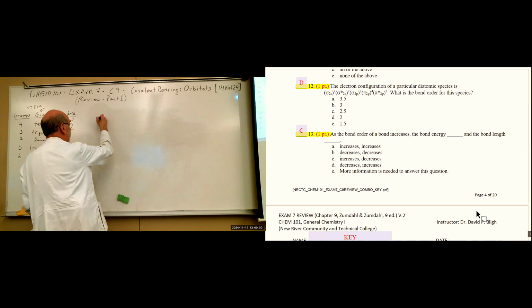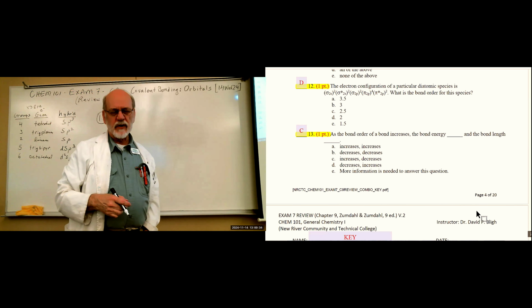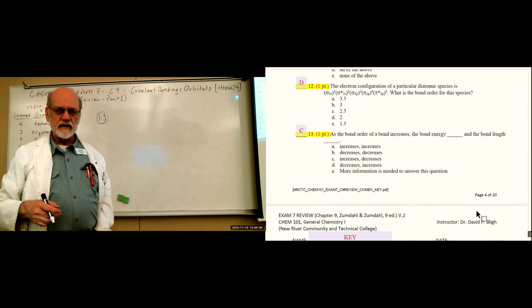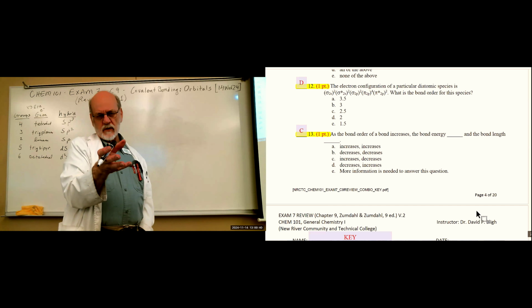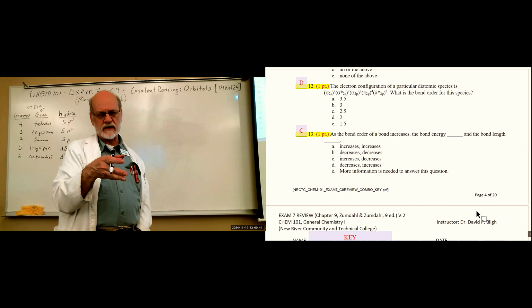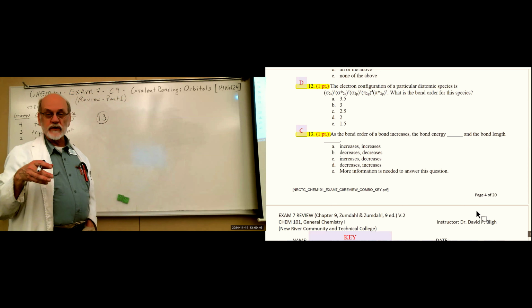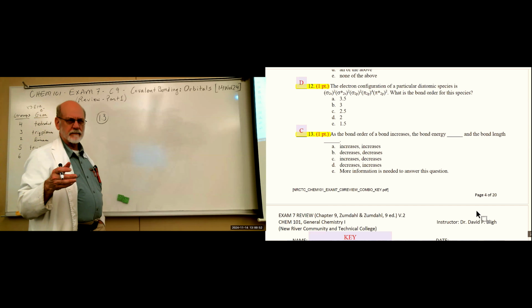13. As the bond order of a bond increases, the bond energy does what? Well, look at our choices. We got first blank is increase, decrease, second blank is increase, decrease. Okay, so when the bond order increases, what happens to the bond energy? Remember what we mean by bond energy.